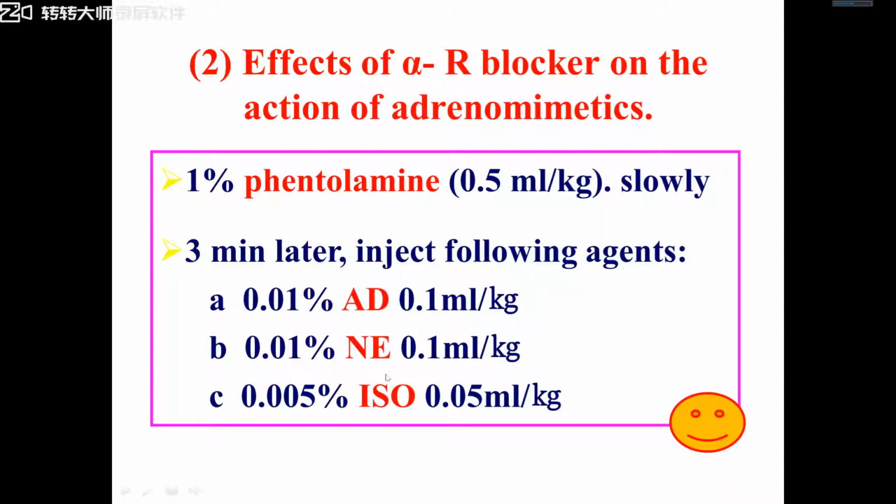So noradrenaline can increase or decrease the blood pressure? We don't know. Later we will observe. And the last one, we repeat isoprenaline at the same dose, 0.05 milliliter per kilogram, and observe isoprenaline's effects again now that the alpha receptor is blocked.